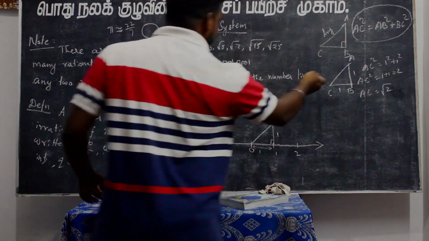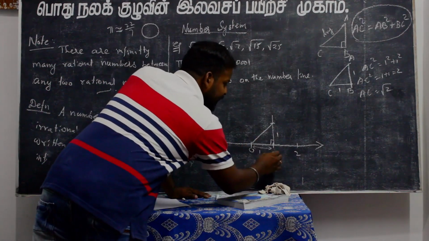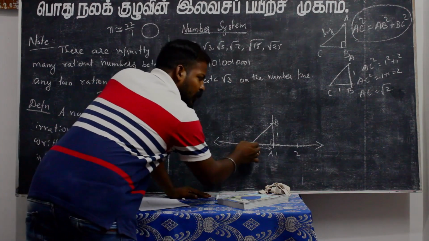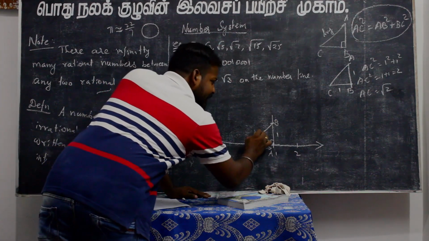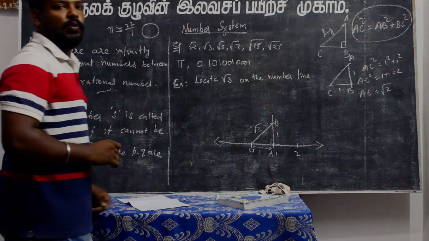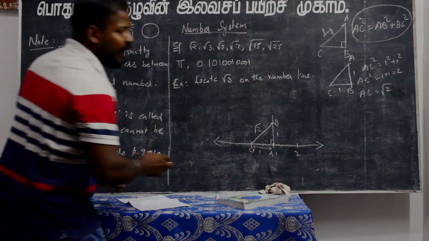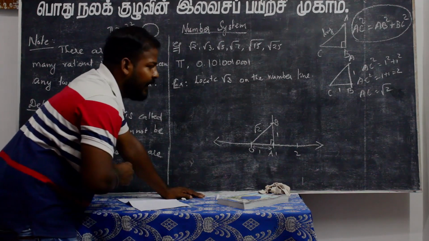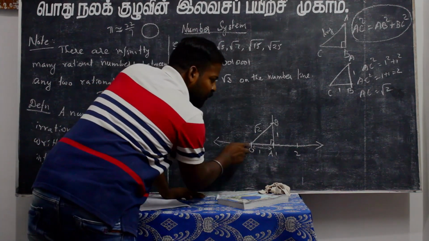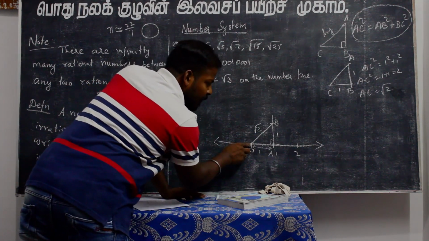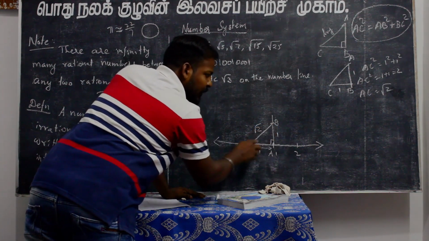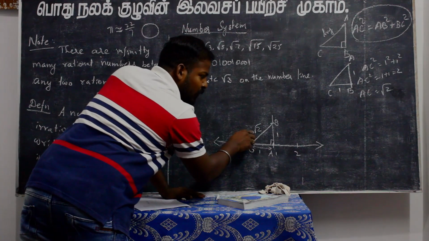So clearly we can say that this is point A, this is point B. What is the distance OB? That is root 2. Then how can we locate this distance on the real number line? Use your compass, place it at O, and take the radius as OB, which is the value of root 2.